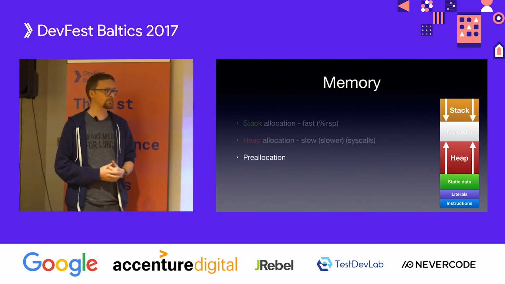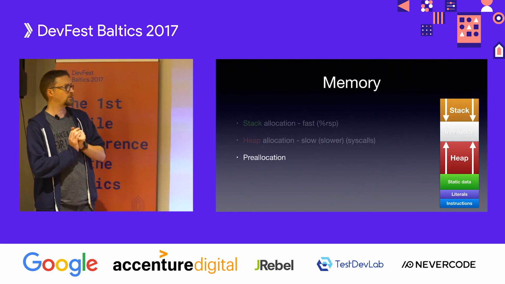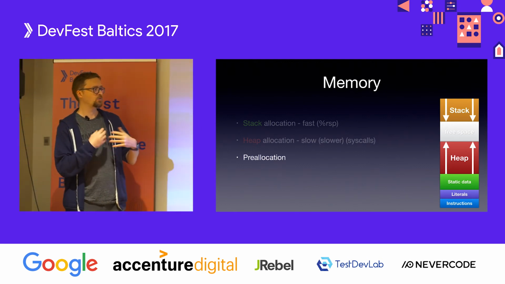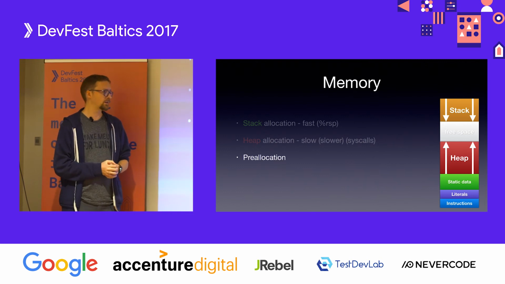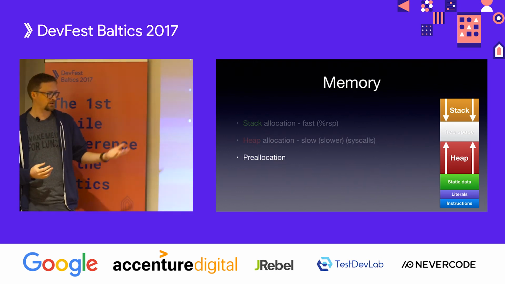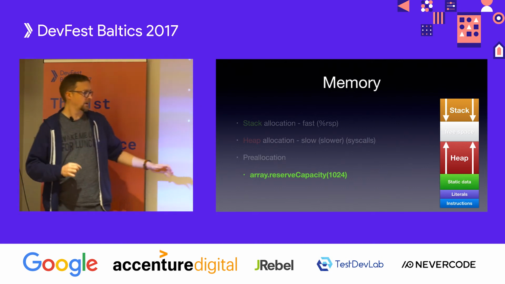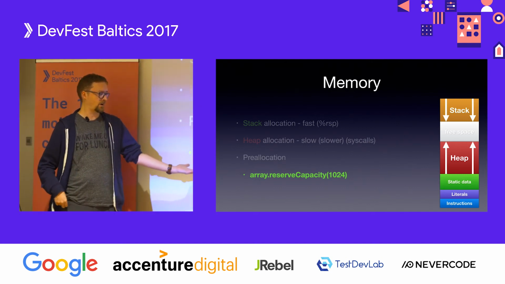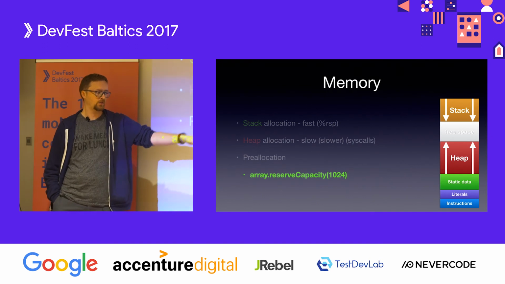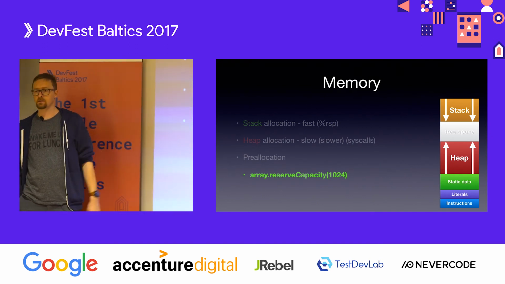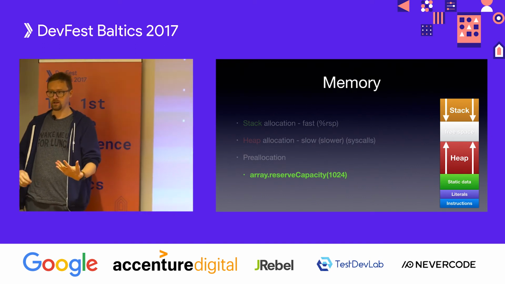So what can we do in Swift code to make heap allocated values a bit more efficient? One of the techniques is pre-allocation. You have an array and you say, okay, I will use 1 kilobyte here, and this is what I need.